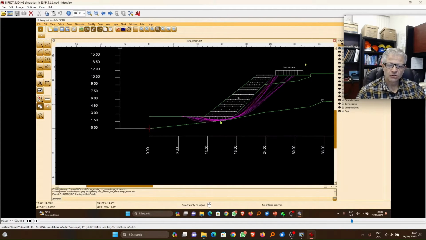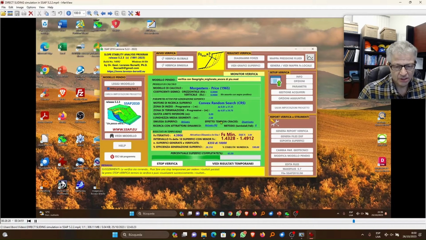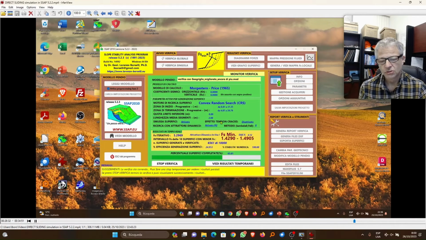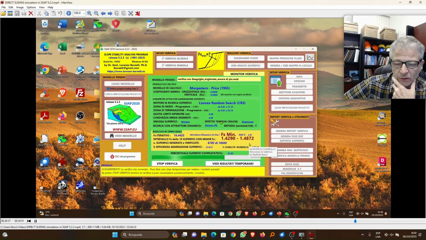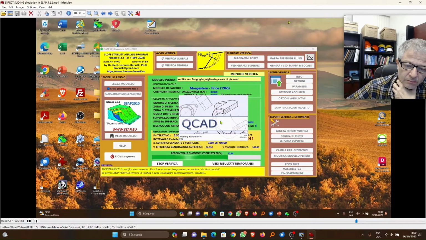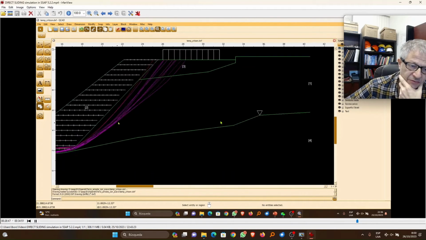Of course, the surfaces in the bedrock don't appear, because the safety factor is much higher than what we found now. So we arrive more or less at 1.42, 1.41, higher than the previous 1.23 that was obtained with sniff random search.